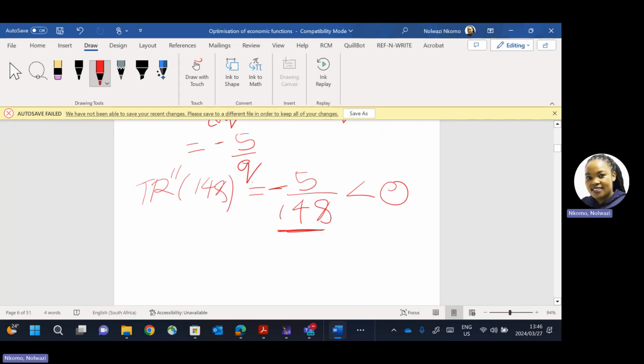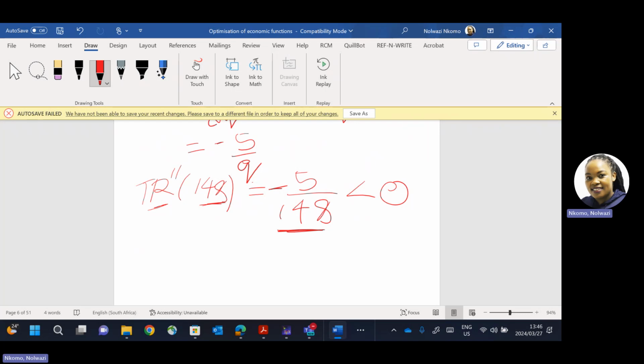So since the second derivative at 148 is less than 0, we conclude that if we produce and sell 148 units, we will have the maximum point, the maximum total revenue.